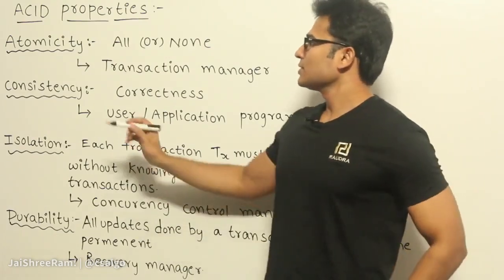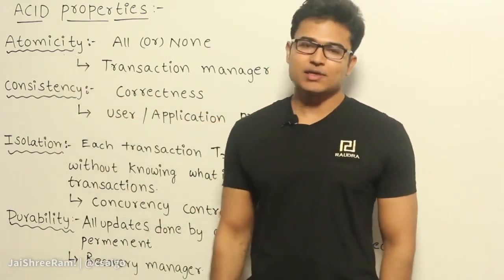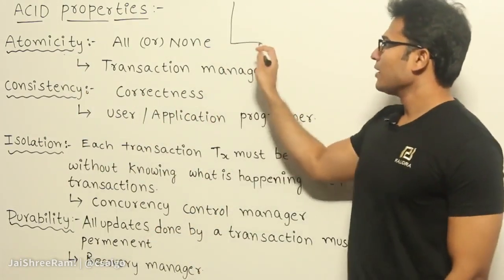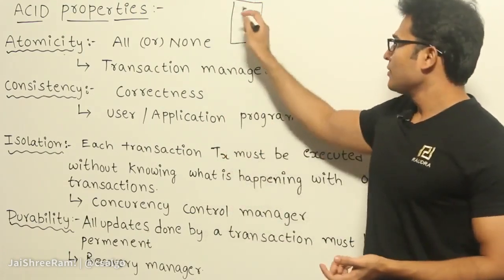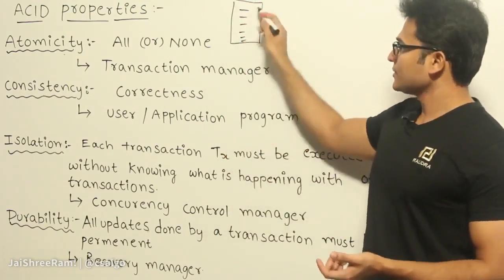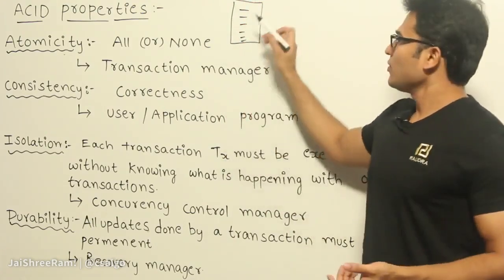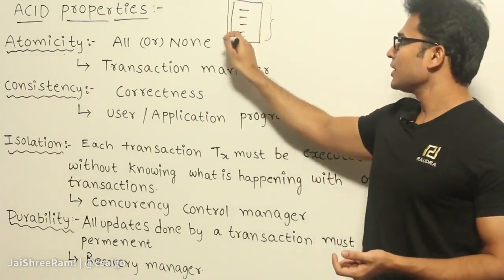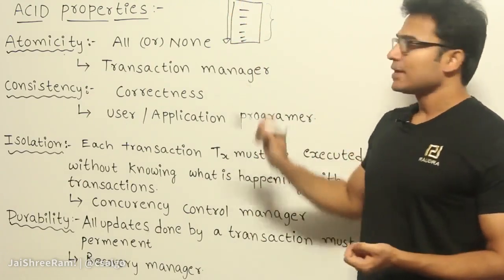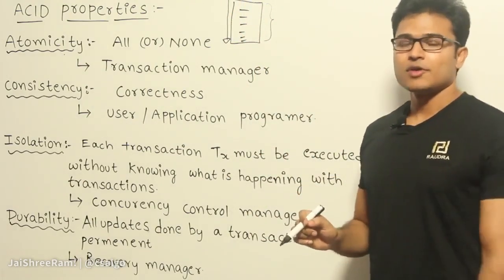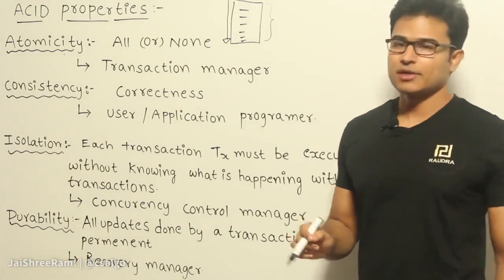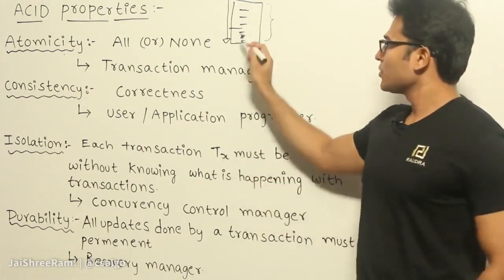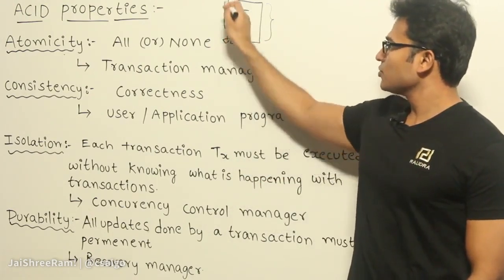Now when you look at a transaction, it should follow atomicity. What is atomicity? If you have a transaction as a collection of operations, let us say in the earlier case we saw an example with 6 lines of operation in a transaction, then either all these 6 lines have to be executed, or in case, because of some error or power failure, the transaction has stopped in the middle, you should be able to roll it back.